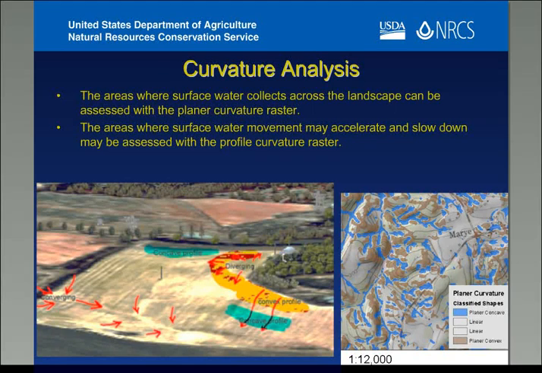So we can see the concave areas that are parallel to the contours. The profile curvature product actually shows us where water would be accelerating in the landscape or decelerating in the landscape based on the slope shape. This is one product that's very useful in this analysis, and we will be looking at how this is used in Module 4.